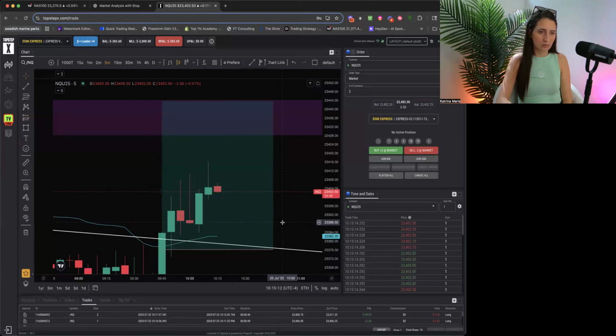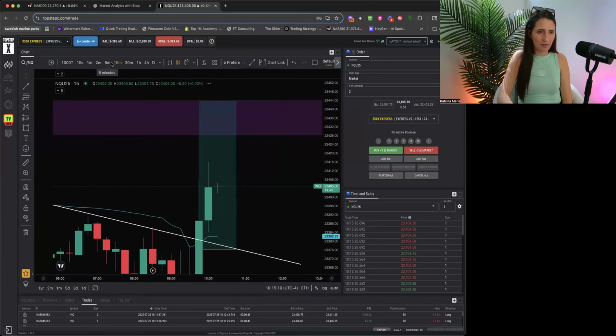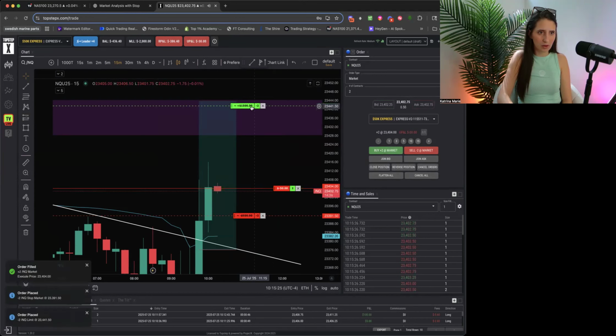We could get another push back up here. It is the start of, I think, a 15-minute candle. Let's see. Test it out and see.